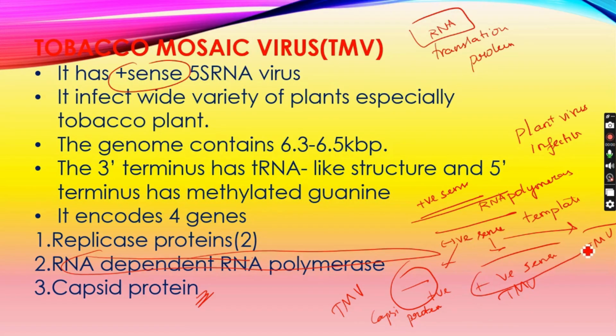Here, the positive sense acts only for translation, expression, and protein production. But it is replicated by the RNA polymerase for production of more positive sense.